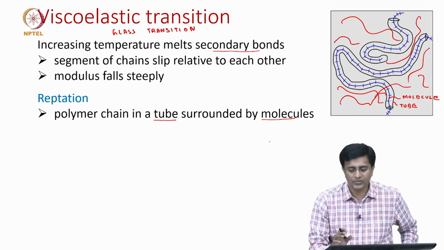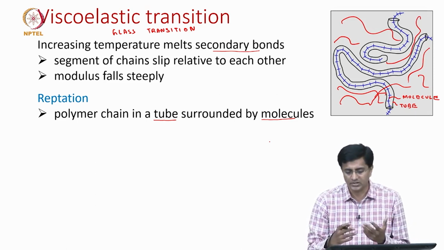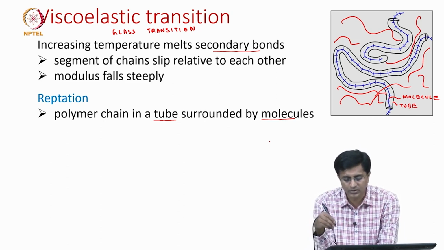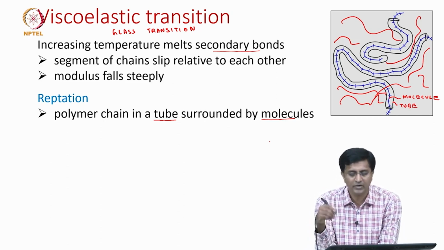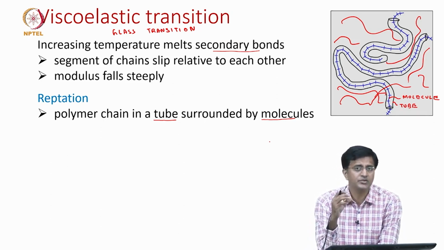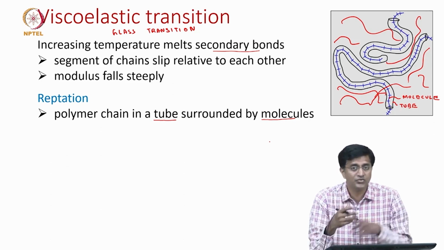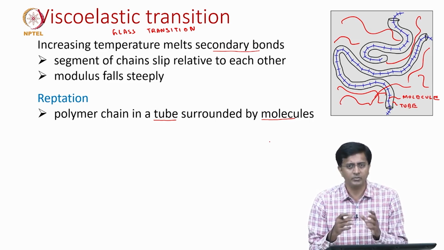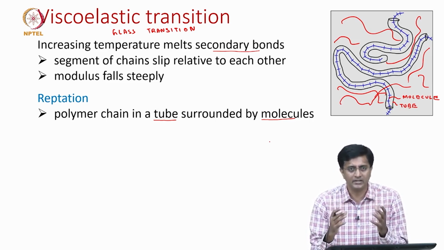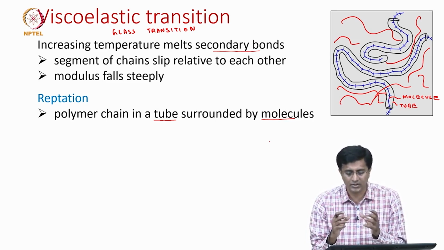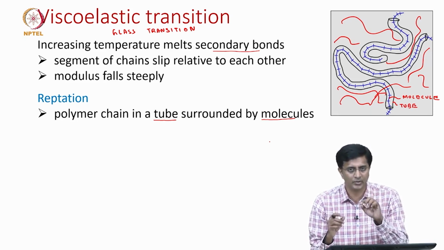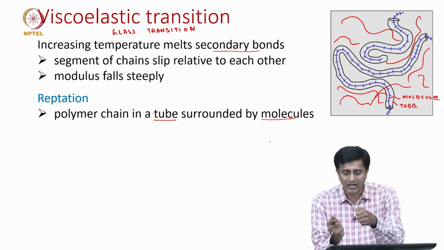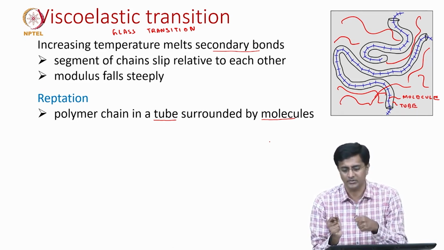We are talking about an amorphous polymer, that is why the structure or the packing is random. But now let us focus on this blue polymer chain. Whenever we talk about this tube, it is a fictitious thing, which means there is no physical tube surrounding this polymer, but just for a thought experiment let us assume that there is a fictitious tube around this chain. Now, what happens when we load this polymer?